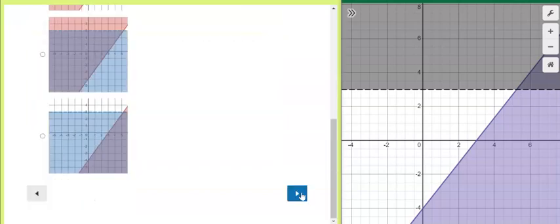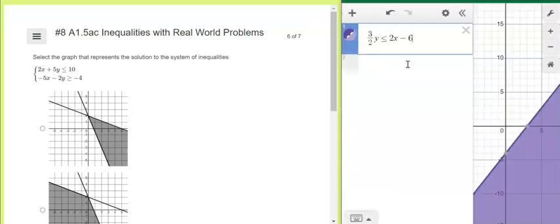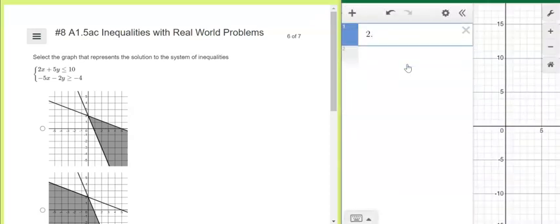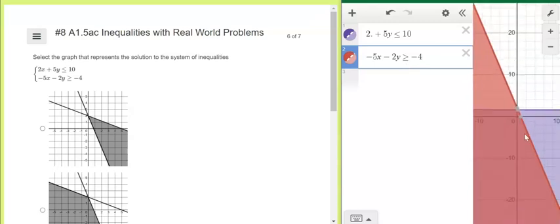All right. And same thing. I'm just going to grab them up and see. So 2x plus 5y. Alright, it's where they're overlapping.